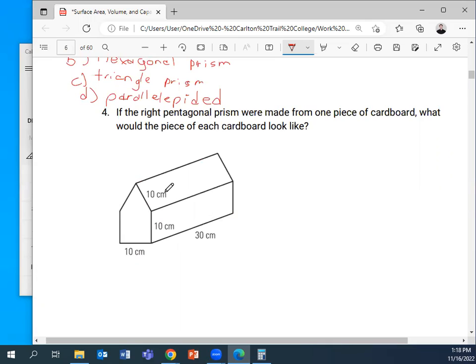What we want is something called a net, which is what it would look like if it was a flat shape. It's a net of a shape, right? When I fold it all up, it turns into a box, a nice 6-sided box. When I have it all flat like this, it's called a net.